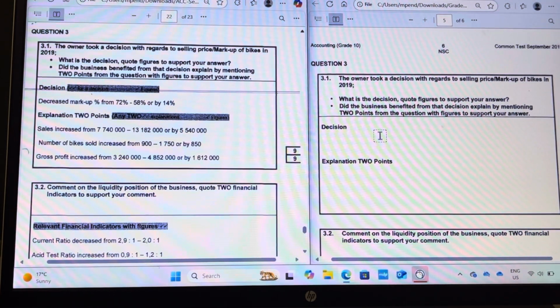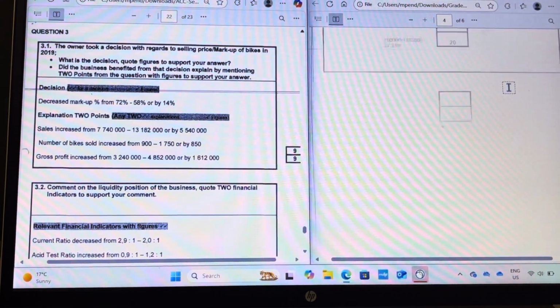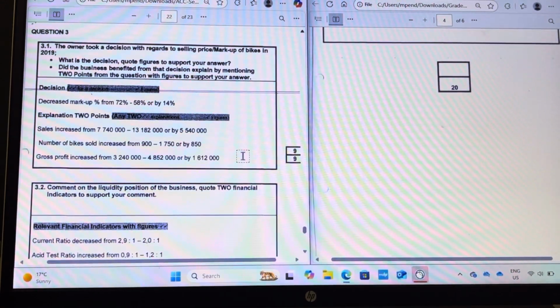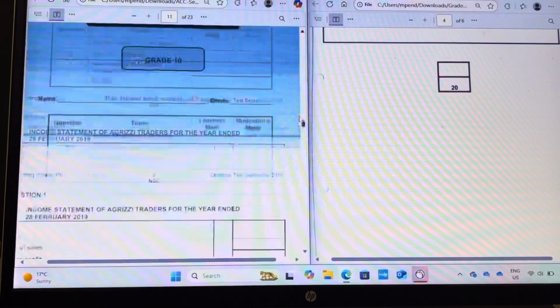So this 9 marks really was given to you. They're asking, what is the decision? They're telling us the owner took a decision with regards to the selling price or the markup of bikes. Let's go to the selling price or the markup of bikes and see what decision was really made.